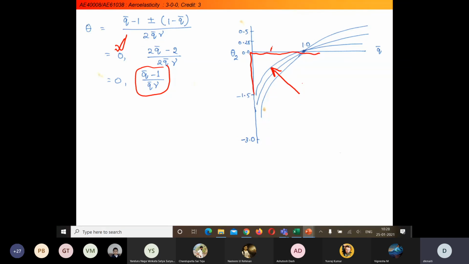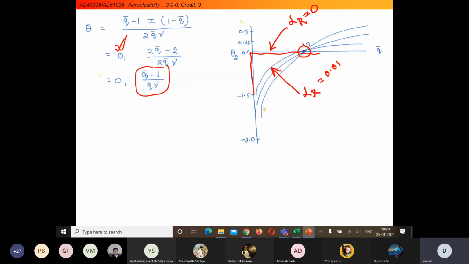If alpha r has some value, let us say alpha r equal to 0.01 radian, then I will get a root which is something like this. Then with increasing value of alpha, we will be getting different curves like this. It is passing through a non-dimensional value of q bar equal to 1.